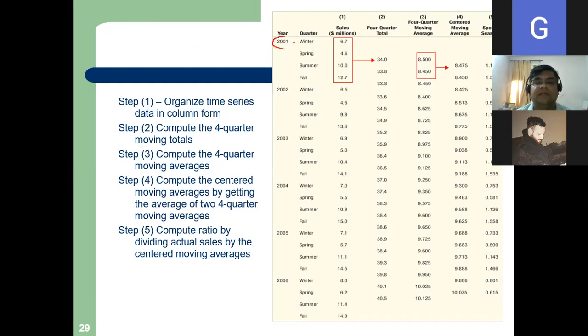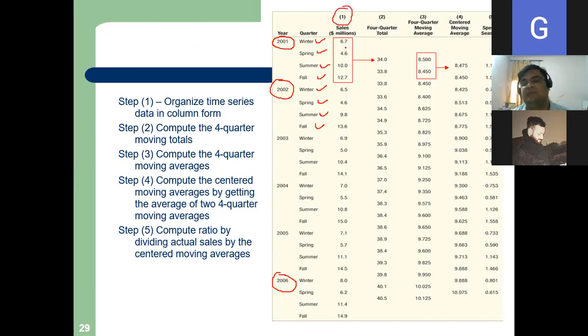What was my data? 2001, 2002 up to 2006, and it was winter, spring, summer, fall. 2002 winter, spring, summer, fall. So the data was in a tabular format. We have written it in a column format.